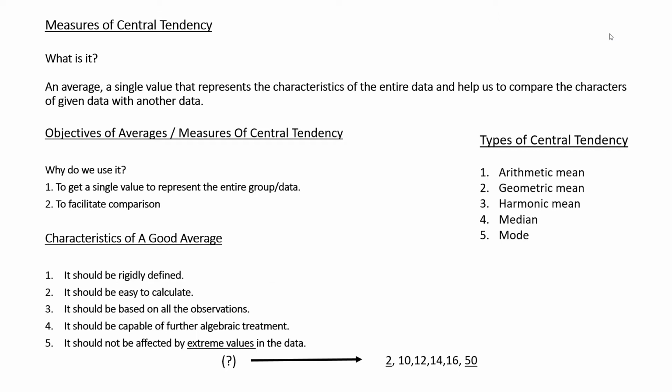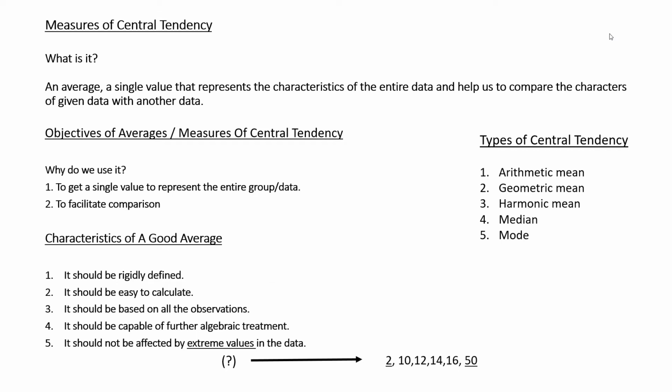This definition means central tendency or the average is a central value, a value which lies almost in the middle part of the data, and it is a single value that represents the characteristics or the features of the entire data, and this also helps us to compare the characteristics of the data with another data.